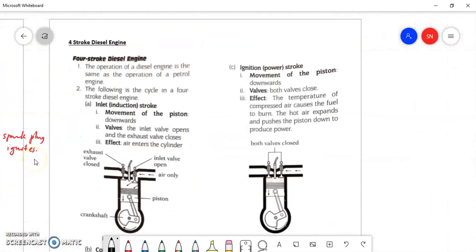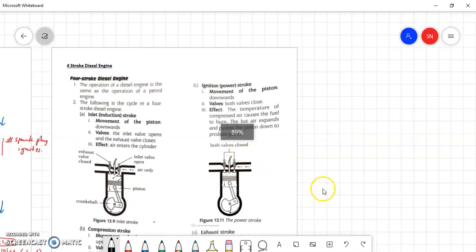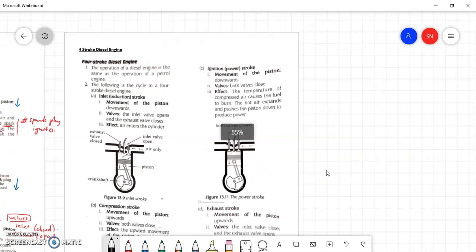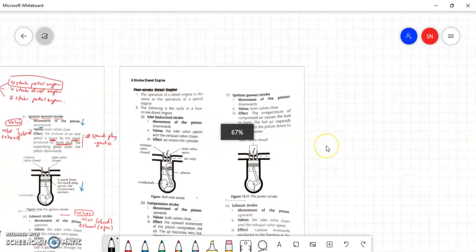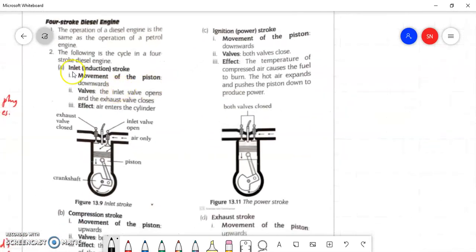Now the four-stroke diesel engine is going to be very similar to the four-stroke petrol engine. Of course, there will be some differences. The strokes are all the same: we still have the inlet stroke or induction, followed by compression, then ignition or power, and then exhaust.